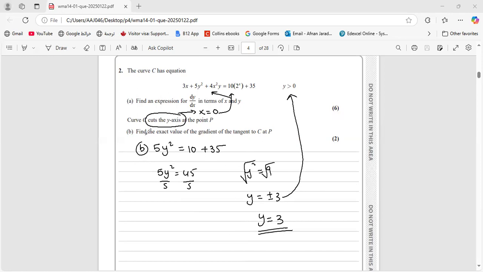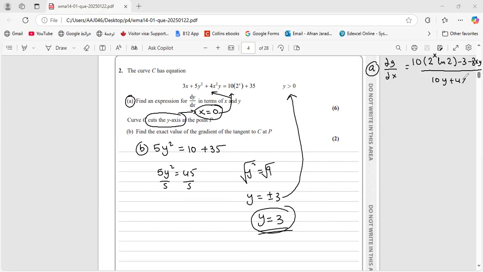The question asks to find the exact value of the gradient of the tangent to C at P. So now you substitute x equals 0 and y equals 3 in the gradient, in the solution of A. So what is the solution of A? dy over dx equals 10 multiplied by 2 to the power of x ln 2 minus 3 minus 8xy, divided by 10y plus 4x squared.